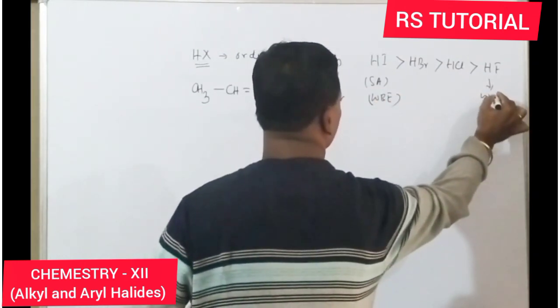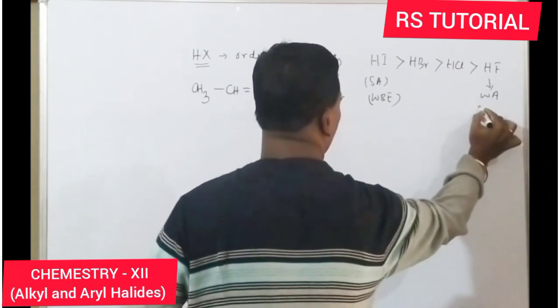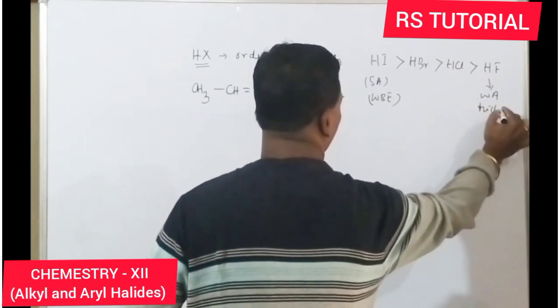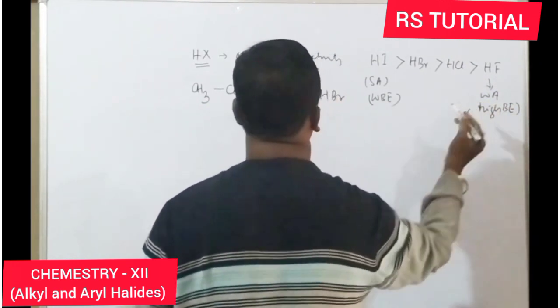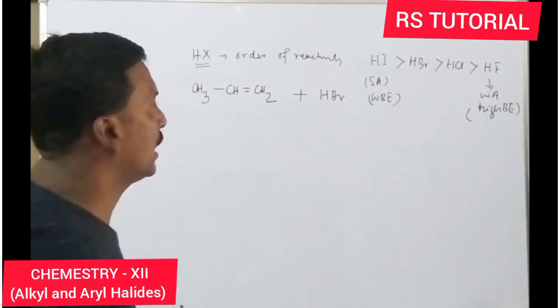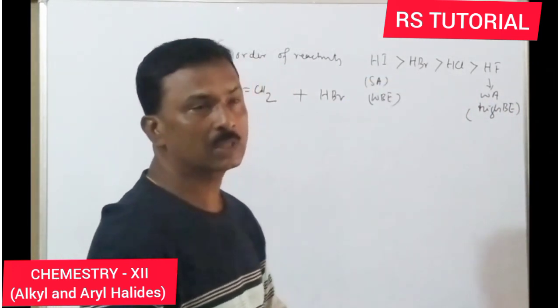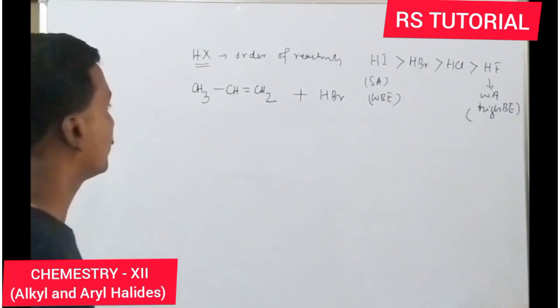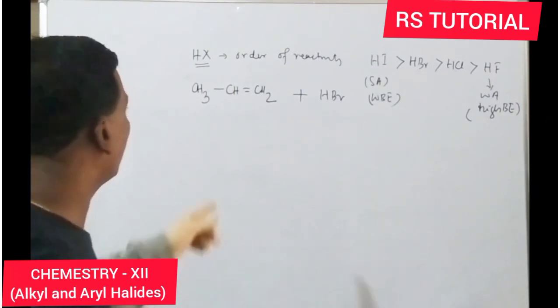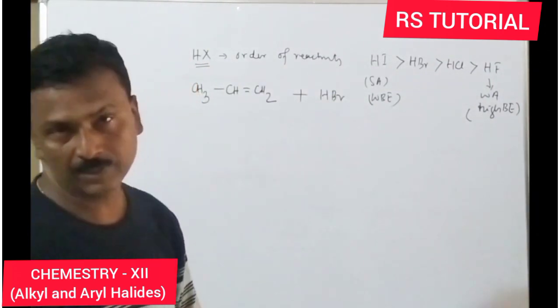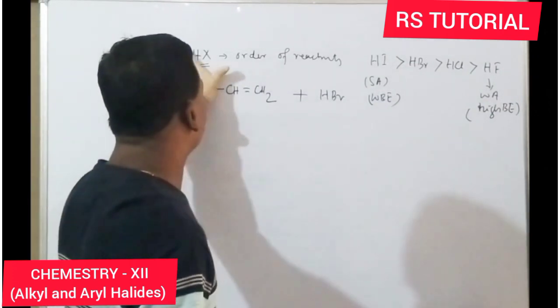HF is the weakest acid, high bond dissociation energy. HI and HBr quickly react with alkene. Okay, all of you noted. This is the order of reactivity.